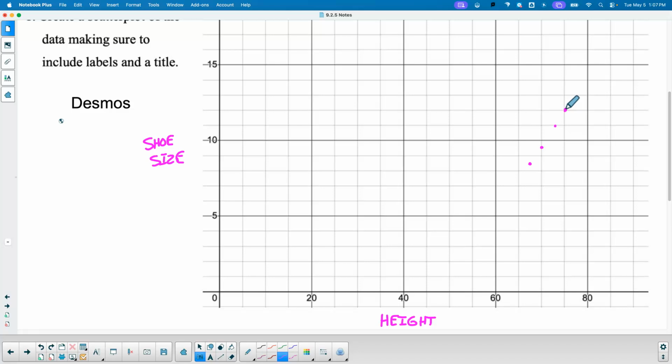Then 78 and 13. Still looks pretty strong. And our last one, 66 and 8. 5, 6, 7, 8. Okay.